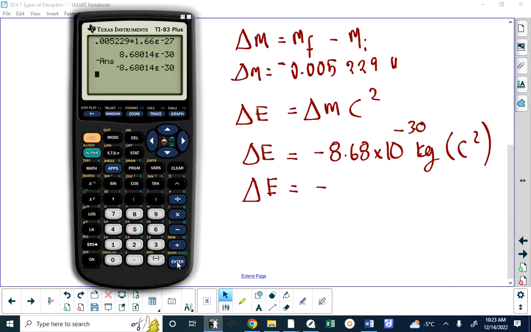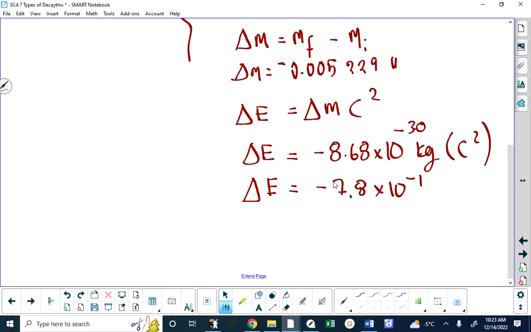So this is our delta M. I'm putting the negative back on because I think it is important. I multiply by the speed of light squared. This is the energy change. This is one emission of an alpha particle. This is one radium-226 spitting out one alpha particle. And that's in joules.